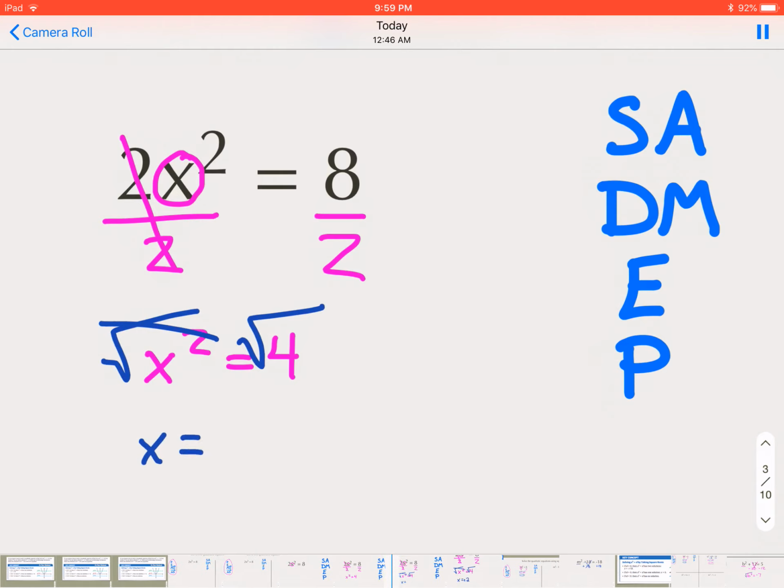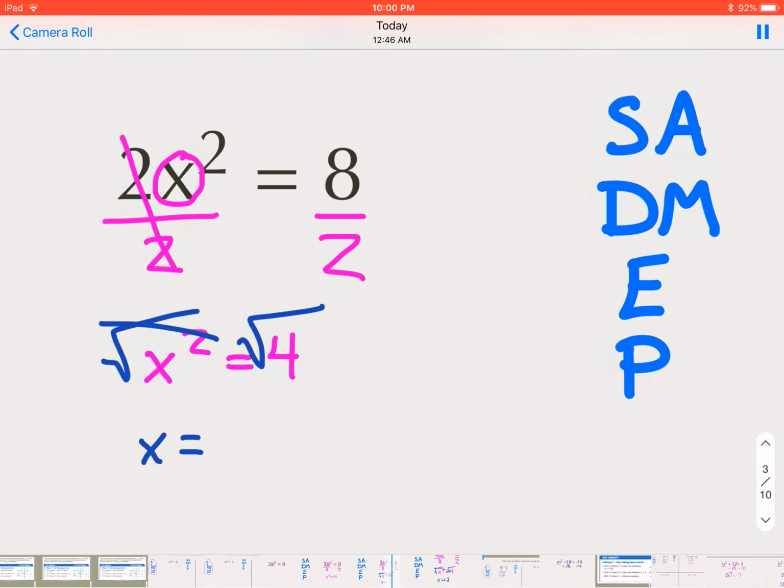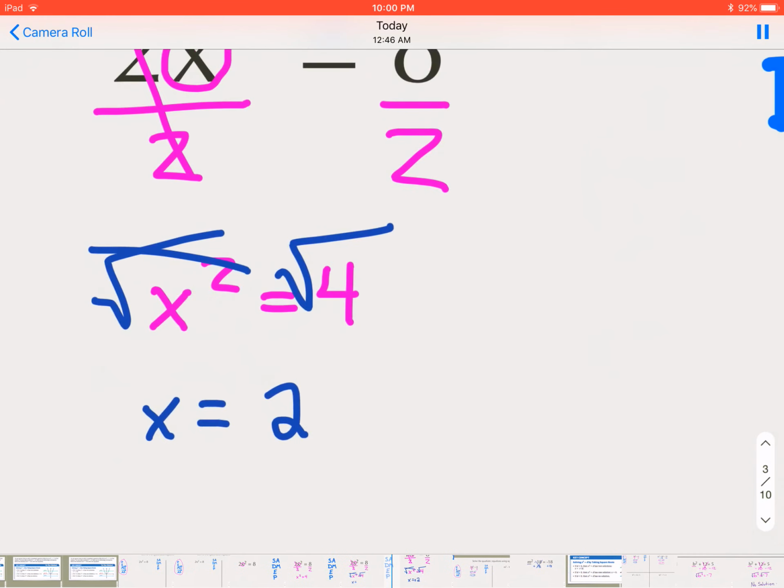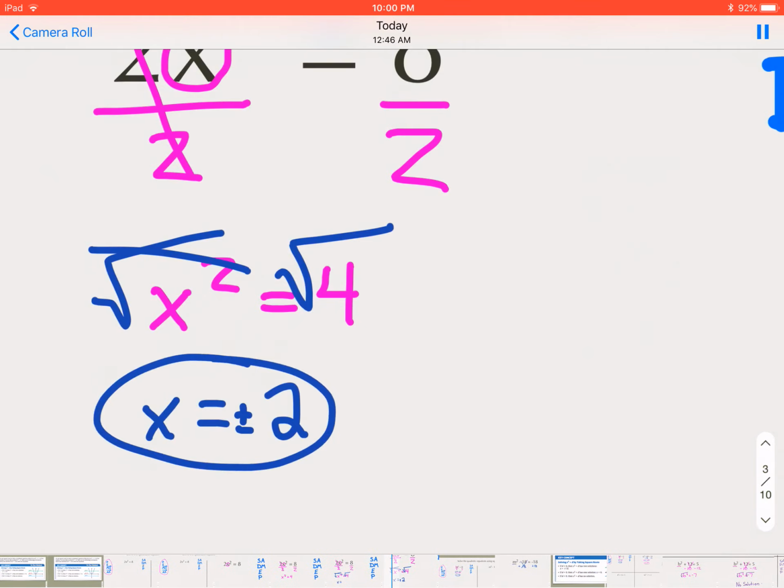On the right side, I have the square root of 4. Square root means what number times itself equals 4. Of course, 2 is one of the options, because 2 times 2 is 4, but negative 2 times negative 2 is also 4, so positive 2 and negative 2 are both answers. The easiest way to write that is a plus sign on top of a minus sign, and we read that as x equals plus or minus 2.